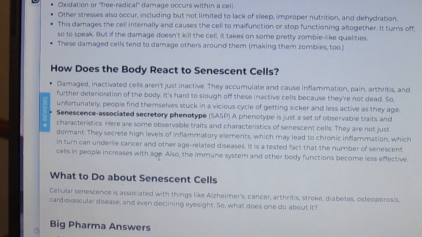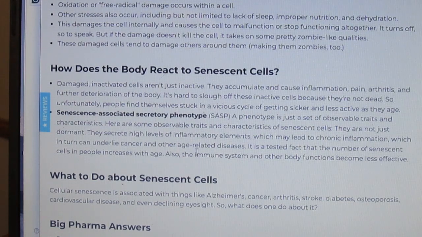And in the scientific community, the senescent cells have a senescence-associated secretory phenotype, SASP for short. A phenotype, by the way, is just a set of observable traits and characteristics about something. So the observable traits of senescent cells are that they're not just dormant.